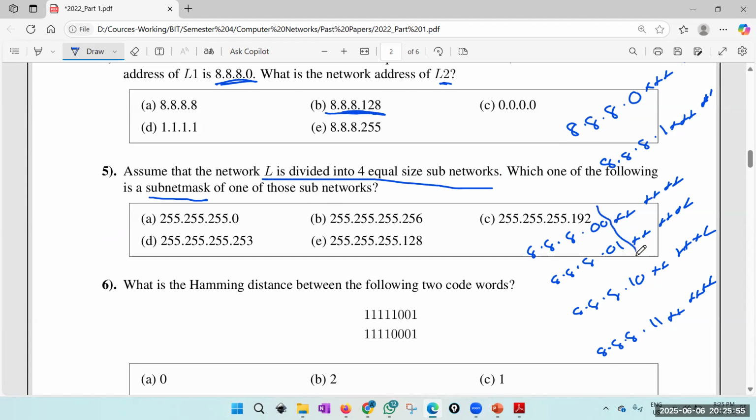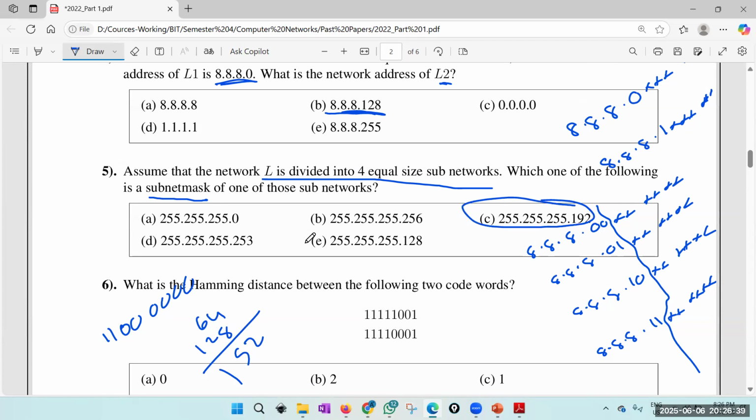All these are separated at this position, that is /26. 26 means 255.255.255, then 2 ones and 6 zeros. 128 plus 64 is 192. So that is 255.255.255.192.